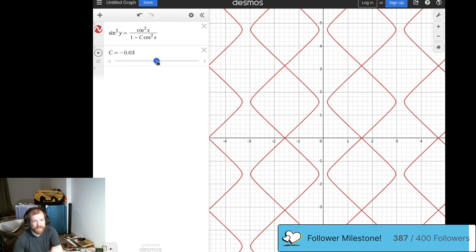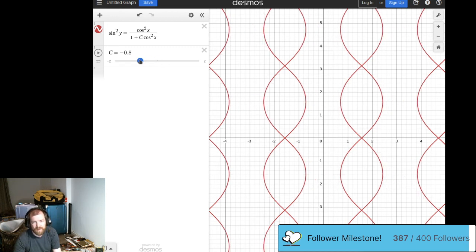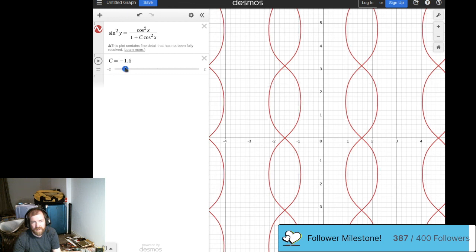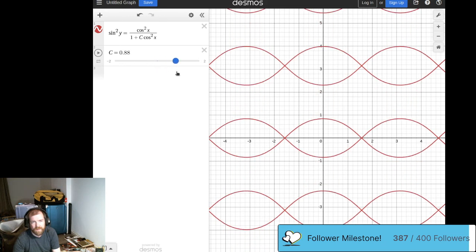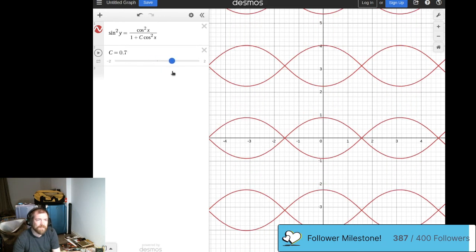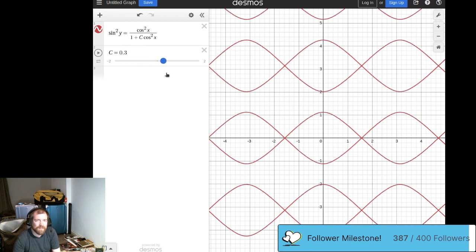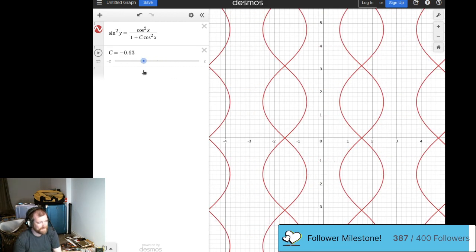Or now the linkage is vertical instead of horizontal. That's really cool. I like that one.